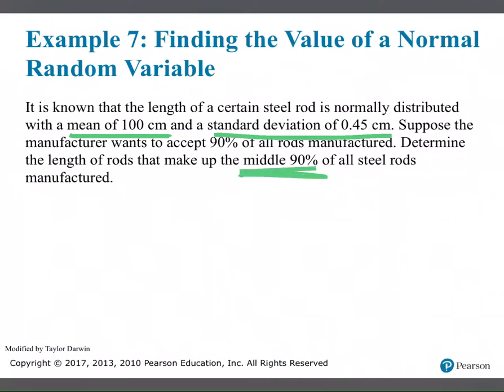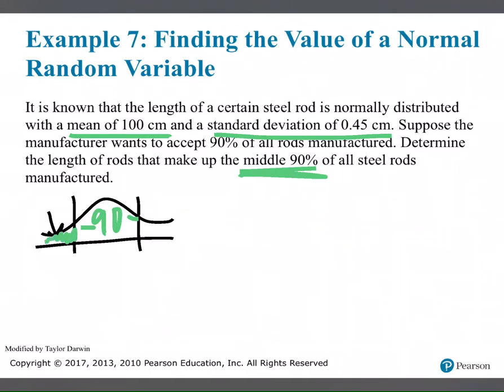Here's what's going to change from what we just did. We were given the area to the left. Now we're looking at a middle percentage. So the middle 90. But my z-scores only correspond with areas to the left. So I need to figure out what this area is, what this green area is.